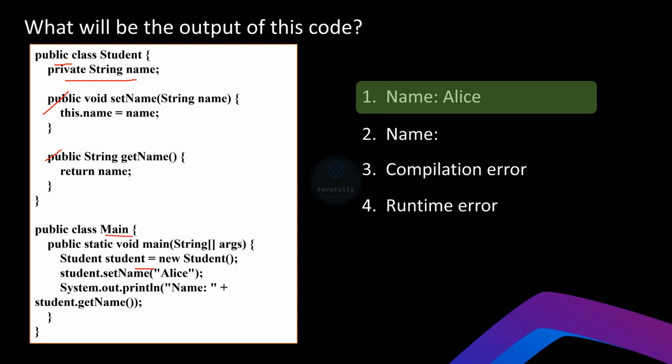We create a student object named student. First we set the name of the student object to alias using set name method, correct, and then we print the name using get name method, which return alias. So here name alias correct option, because we are setting the name to alias and then retrieving it.